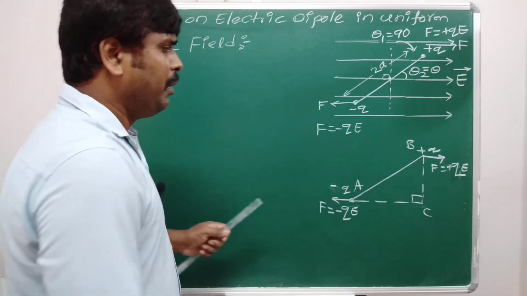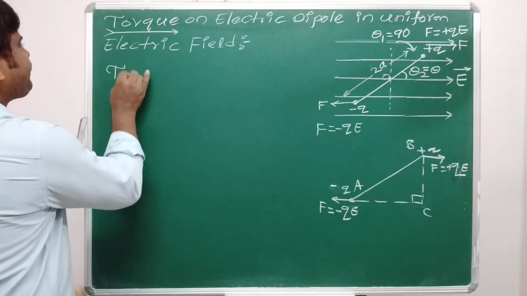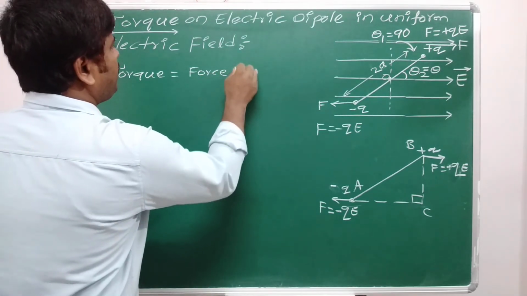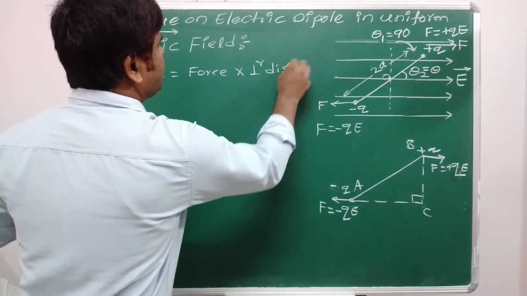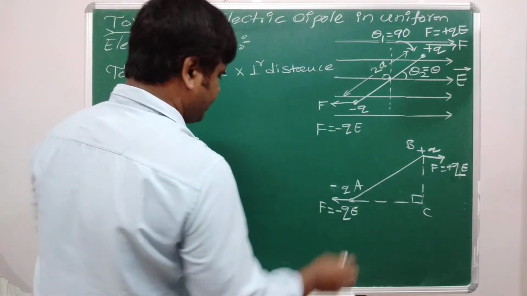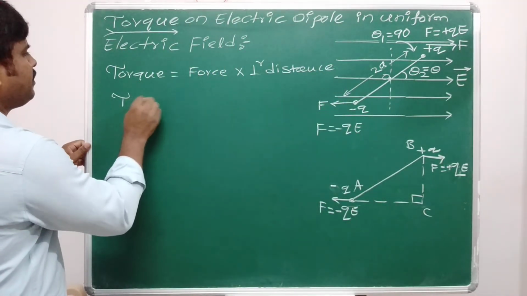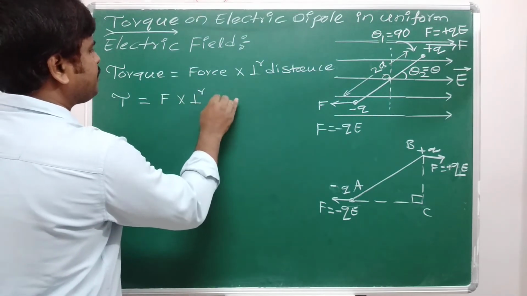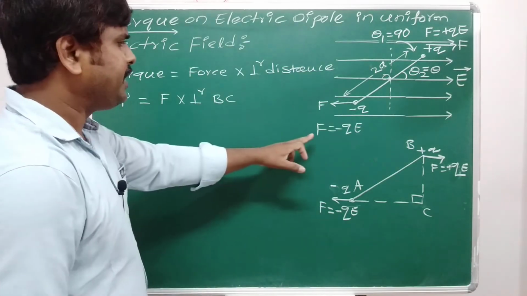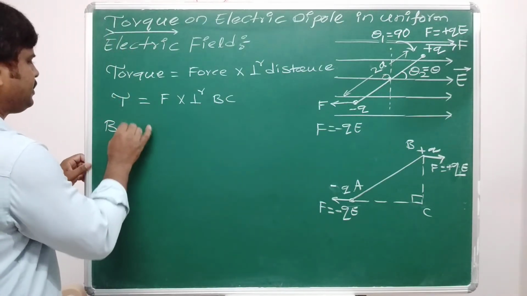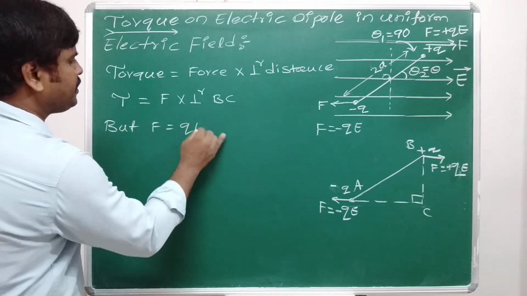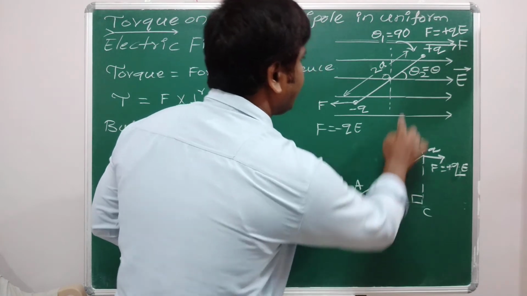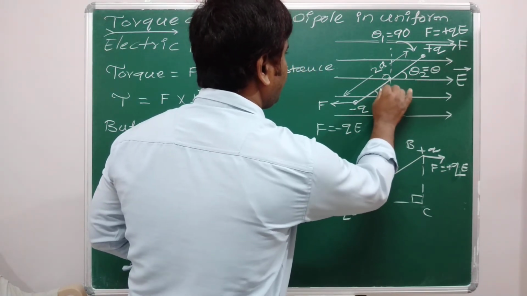Now torque is equal to force into perpendicular distance. Torque is F into the perpendicular distance BC. Here F is equal to QE, and we have to find BC. The dipole is making an angle theta, and here also we can take theta.